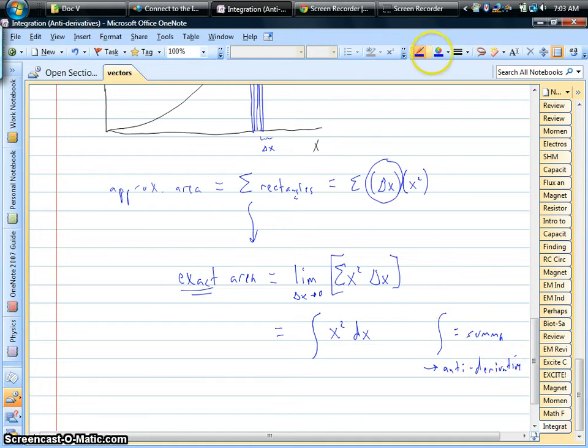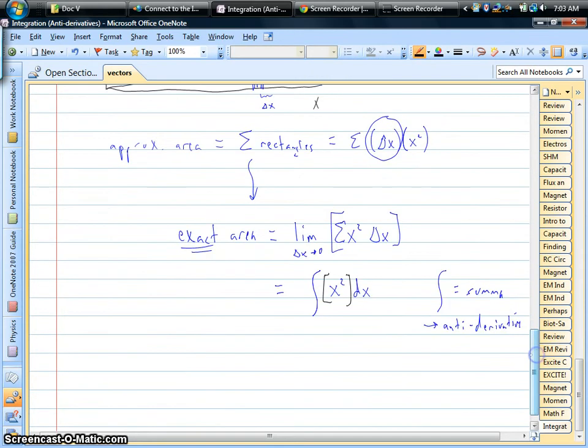Okay. Now in this case, let me change color slightly. Our function is x squared. Okay, now what I'm going to do is just go ahead and write down a shortcut of how to find an antiderivative. We're going to be doing this for now just with the same types of functions that we have for derivatives.